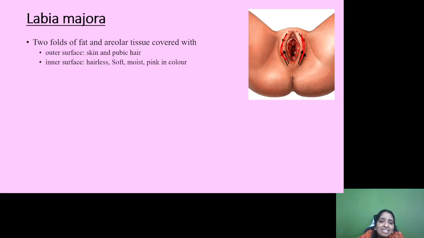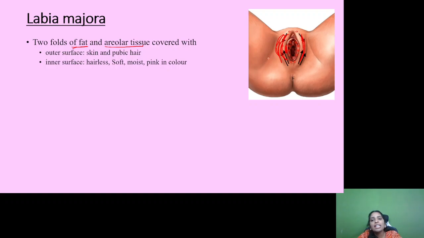These are folds of fat, the same fatty tissue as well as alveolar tissue. The outer surface of the labia majora is covered with skin and pubic hair. But the inner surface is very soft, moist, pink in color.